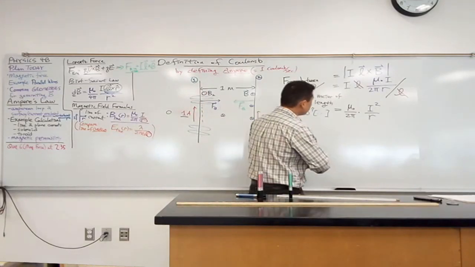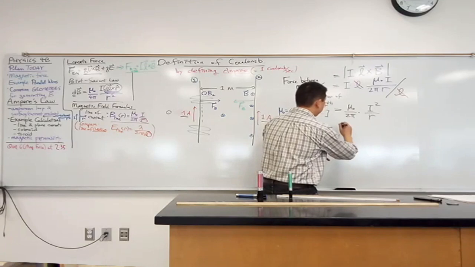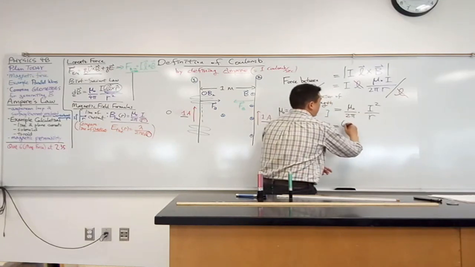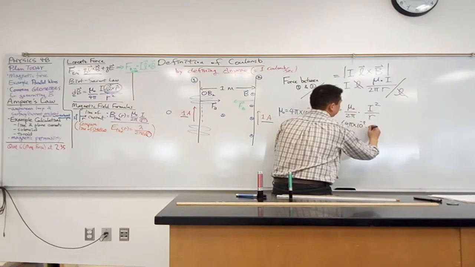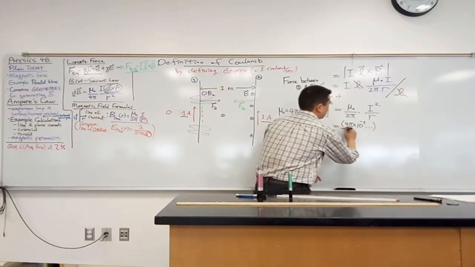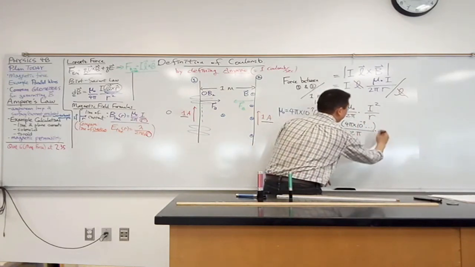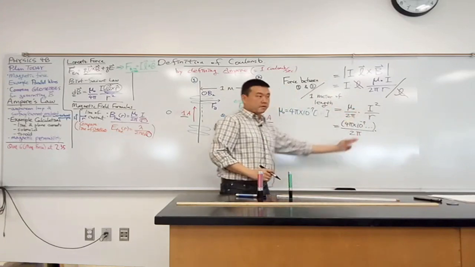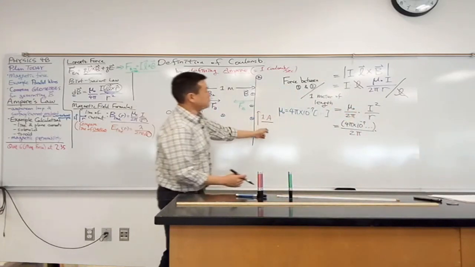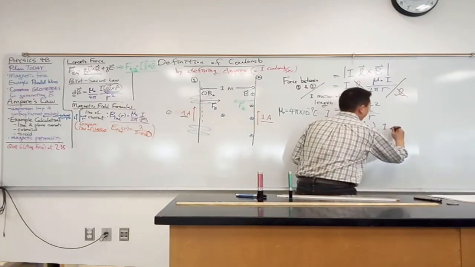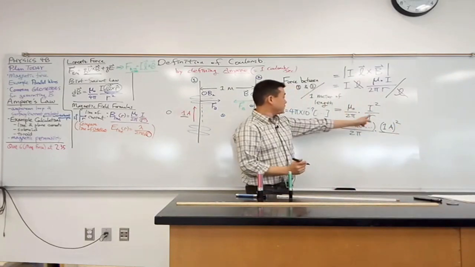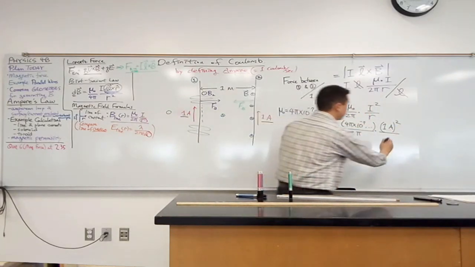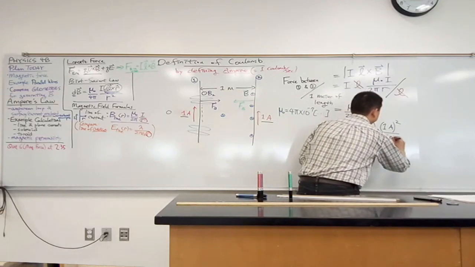So the numbers here are mu naught, or 4 pi times 10 to minus 7 times some unit, divided by 2 pi, times current. We said it was 1 ampere, so 1 ampere squared, divided by the distance. We said that was 1 meter.